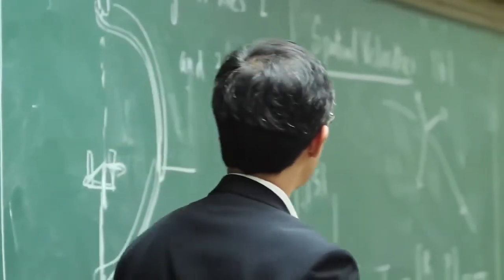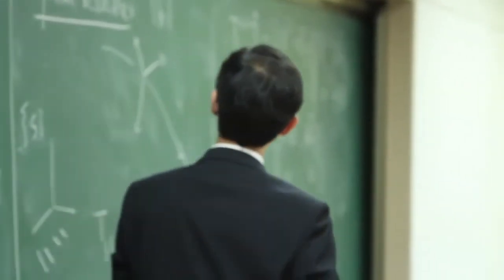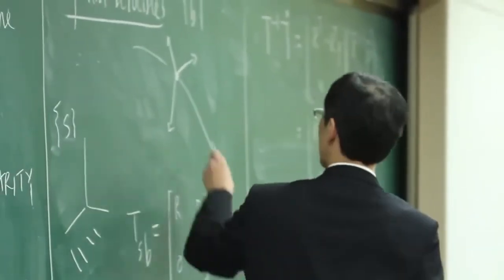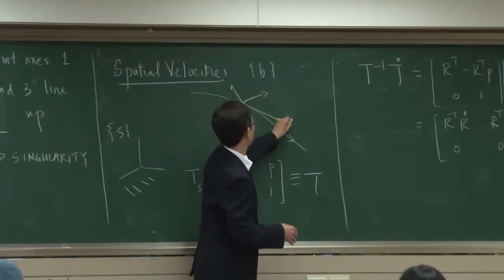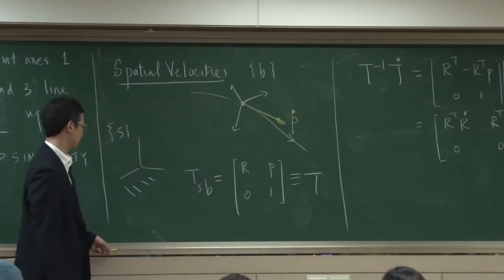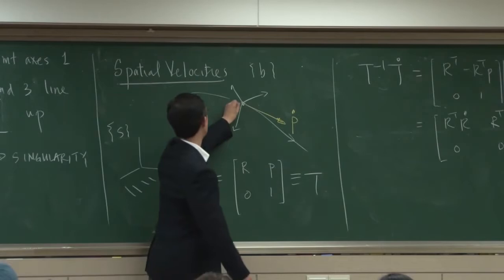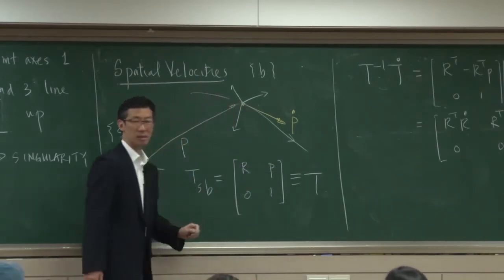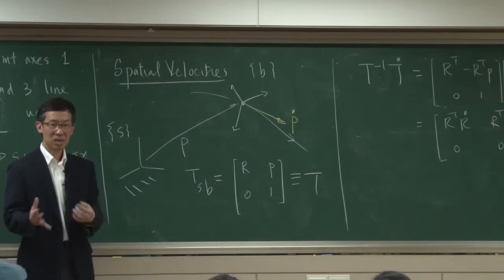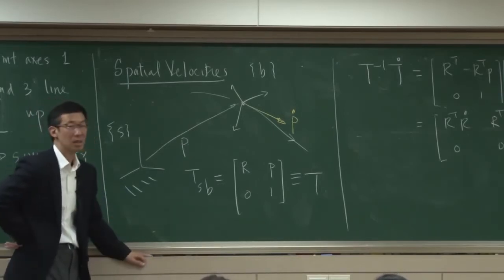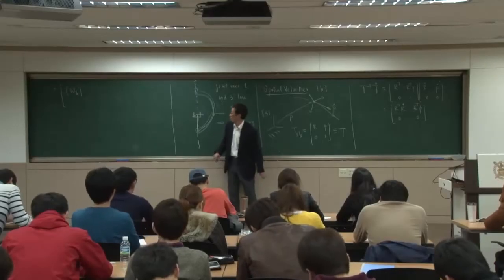Well, what's P dot? P dot is the velocity of this point, because this is P. P dot's the linear velocity. What's R transpose R dot?